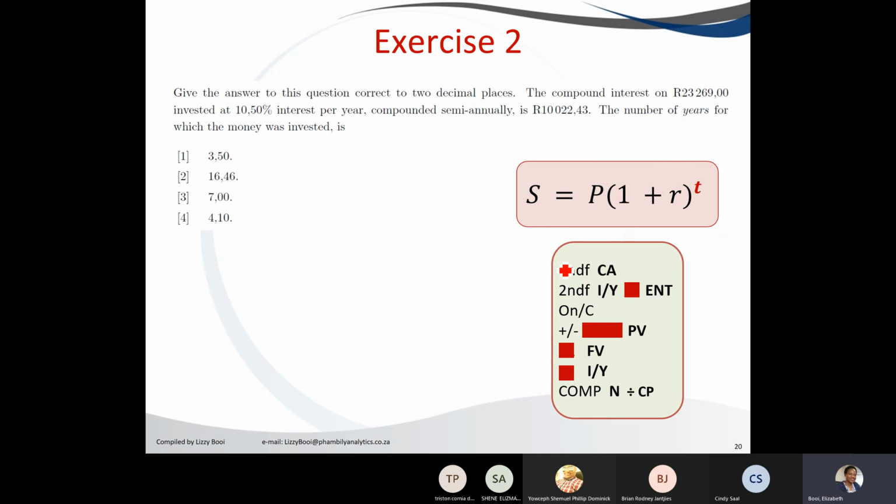So here it says the compound interest on R23,269 invested at 10.5% interest per year, compounded semi-annually, is R10,022.43, and they want to know the number of years for which the money was invested.